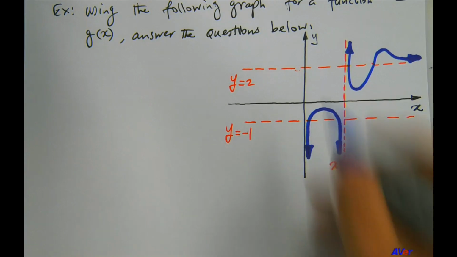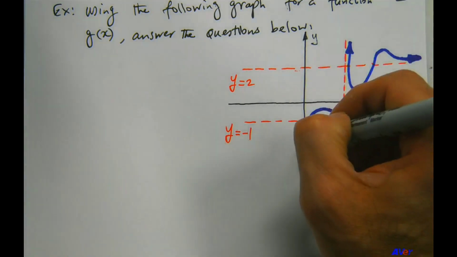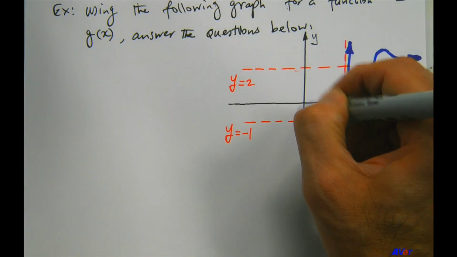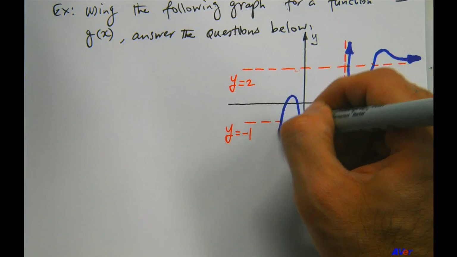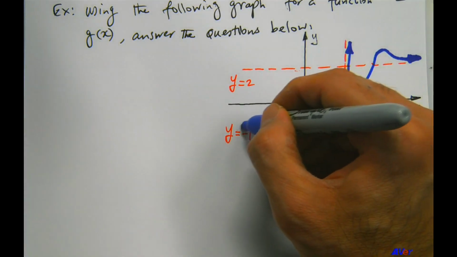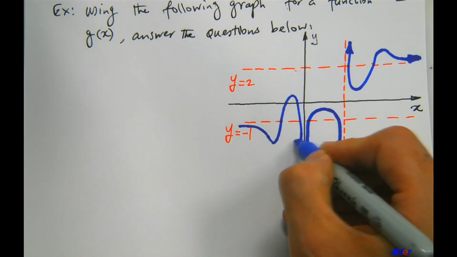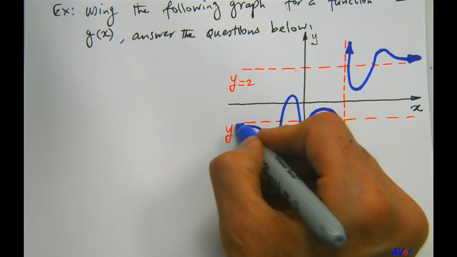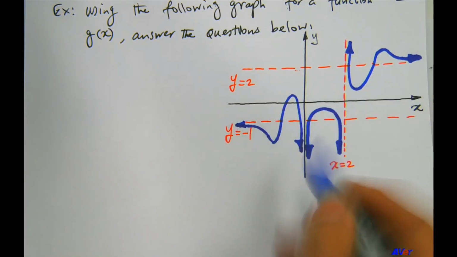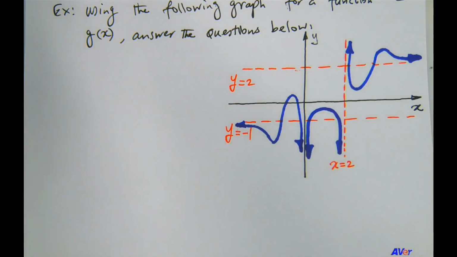And also we have another piece of the graph that comes up here, comes down, and then does that. So you can see the asymptotic behavior at these endpoints.